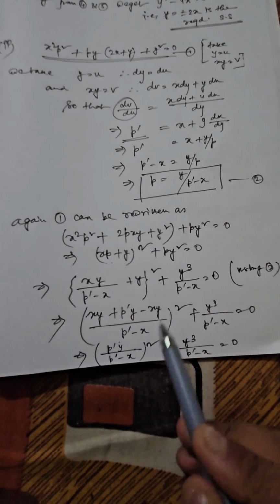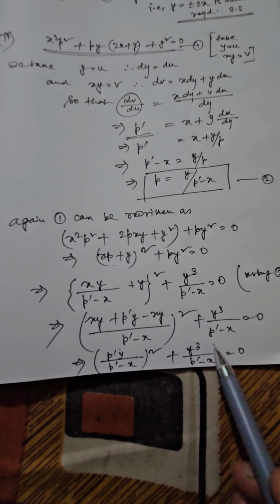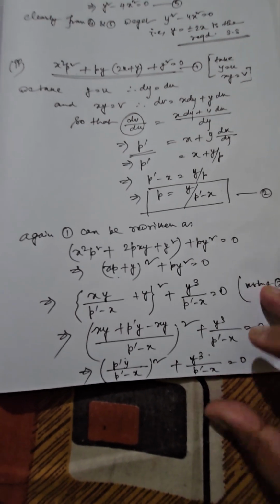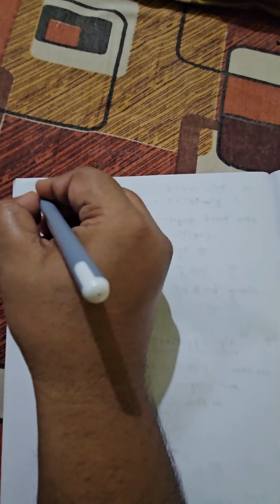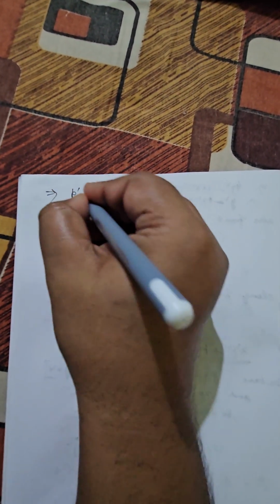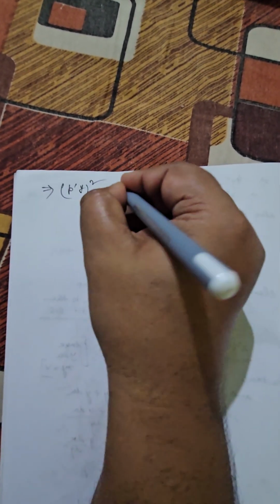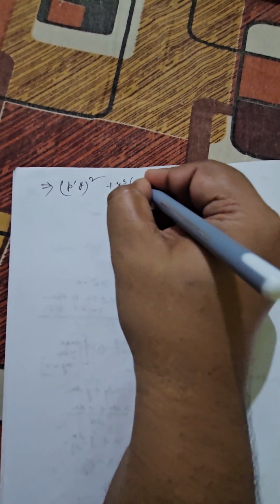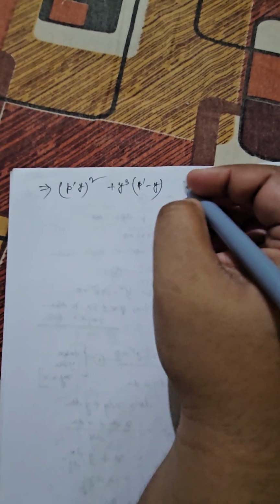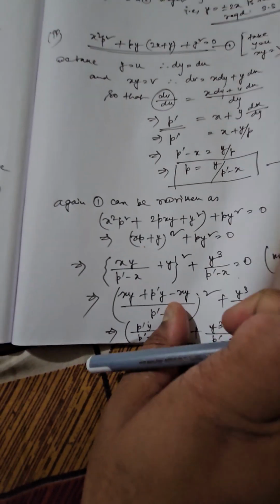So just remember the term p dash y whole square will be there, and then y cube into p dash minus x will be there, so that we can write p dash y whole square plus y cube into p dash minus x.